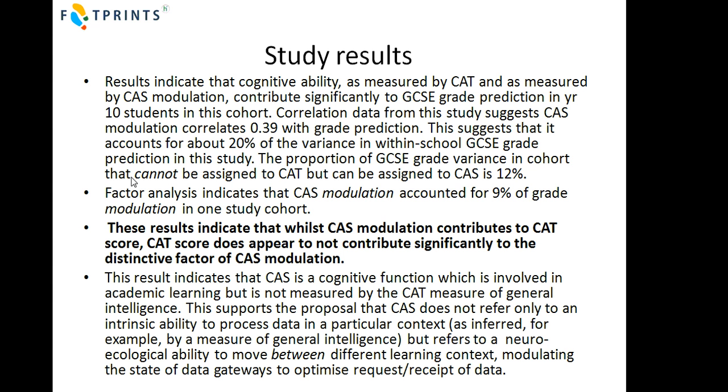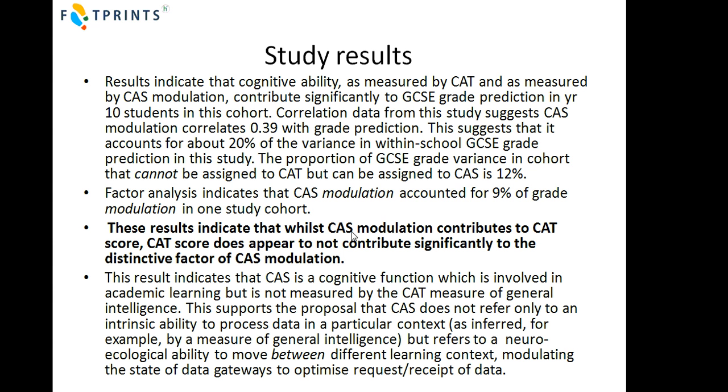We found that at the end of those 10 weeks, when they redid their CAS tests, not only had their grades improved, but a significant proportion, about a 0.2 effect size of grade change, could be attributed to the shift in CAS rank. Some of those students had improved in CAS rank and their grade predictions had gone up, and others had sadly not improved in their CAS rank scores, and some of their grades had gone down.